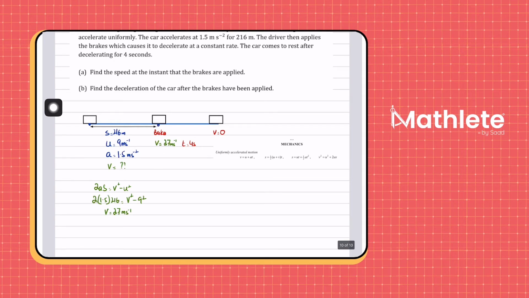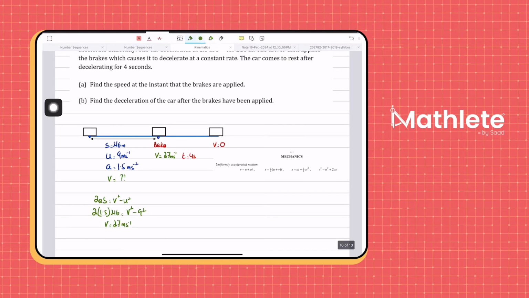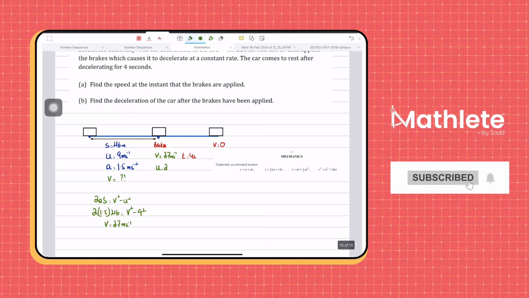Okay, so I have a question though. Yeah, go ahead. So you used 216 meters, but you were only using like a fraction of the actual distance. Is that okay? Yeah, because we're only dealing with the first part of the journey. So if you're dealing with the first part of the journey, we use all the information about the first part.